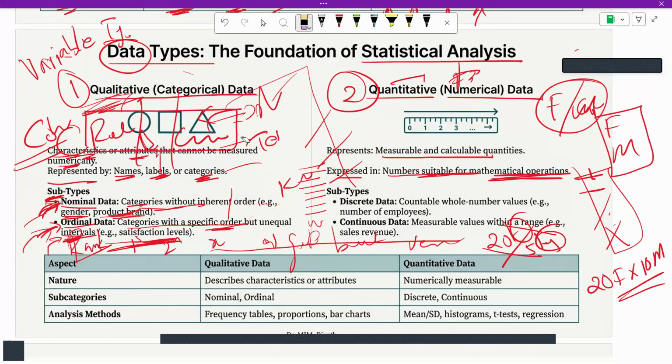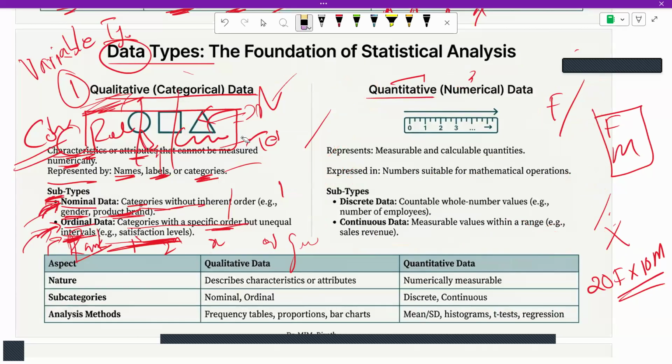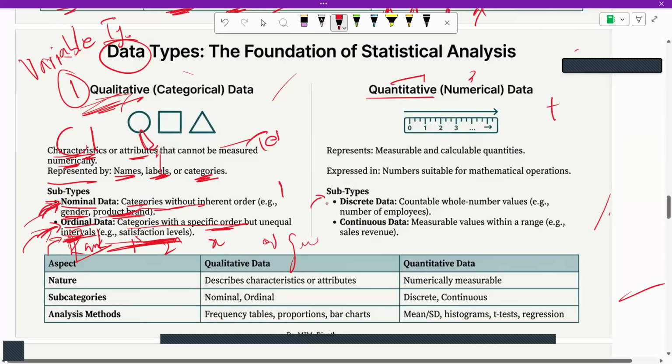And now we look at the quantitative data. Quantitative data also has two types. One is discrete data. As I explained, these are whole numbers. The second type is continuous data.